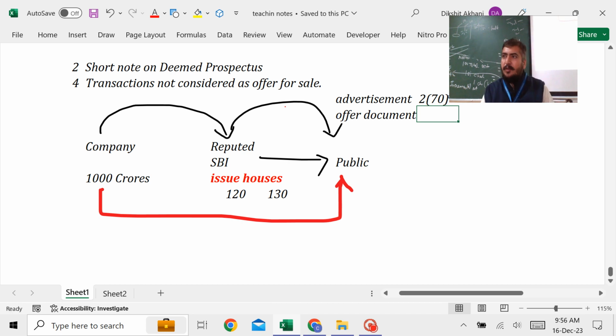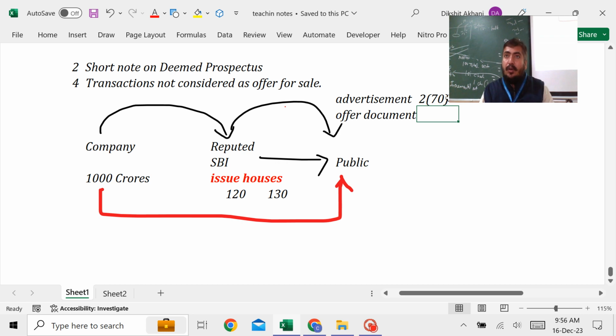If it is not a prospectus within the meaning of section 2 subsection 70, the provisions of the prospectus chapters do not apply, and if they don't apply, you cannot impose the liability also. And guys, the government took very serious note of that, and they said this argument is not wrong. What is the formula to decide whether any document is a prospectus or not? Section 2 subsection 70.